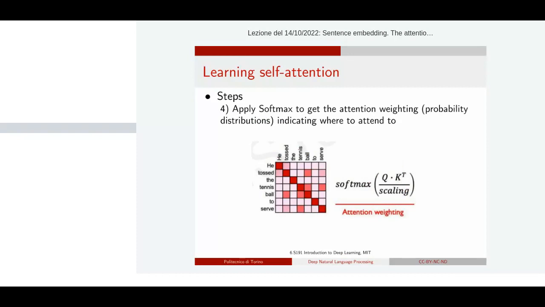Okay, it maximizes the cosine similarity by construction, so not really interesting. But then, which are the other words that you are willing to attend to? Ball and serve, because these are the words, the keys that maximize the similarity with the query. These are probabilities 0, 0, 0, 1. Okay, don't forget this.